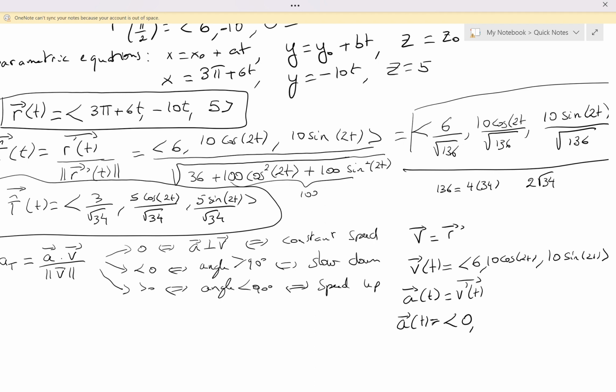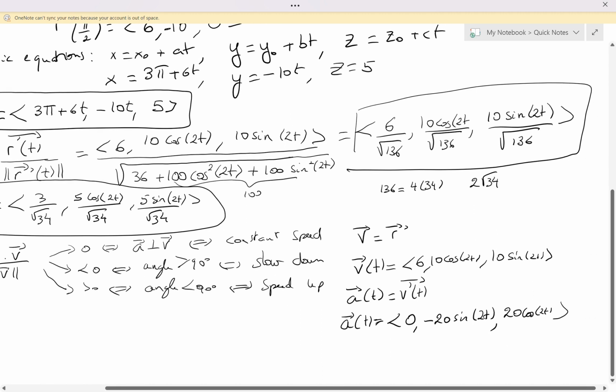Again, this is a chain rule where the inside function is 2t and the outside is cosine, so it's going to be 10 times negative sine 2t times 2, which is negative 20 sine 2t. And similarly here, the derivative of sine is cosine, the derivative of the inside is 2, so it's going to be 20 cosine 2t.